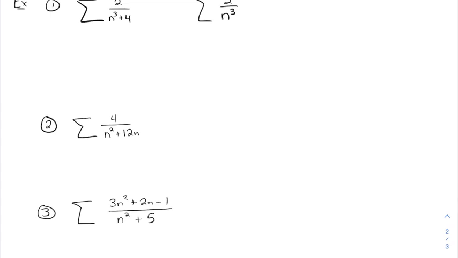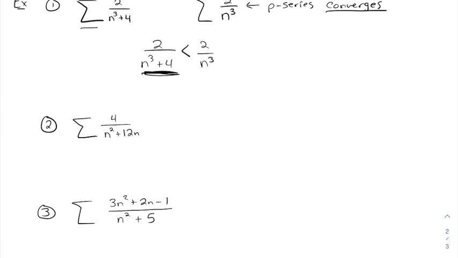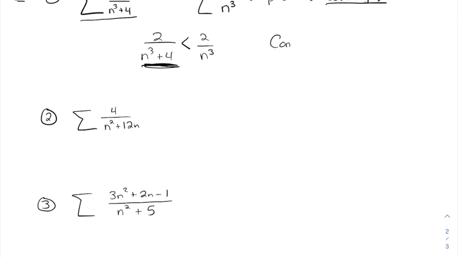So 2 over n cubed, this is a p-series. And since p is 3, this one converges. And if we compare 2 over n cubed plus 4 with 2 over n cubed, this has a bigger denominator, so therefore it's smaller. So we have a convergent series here. This is a series with smaller terms, so therefore it also converges.